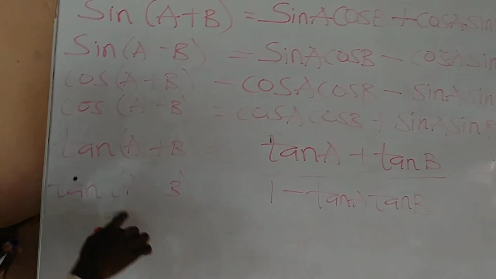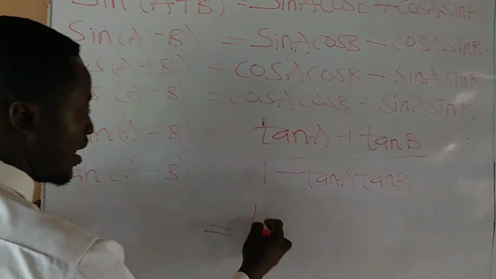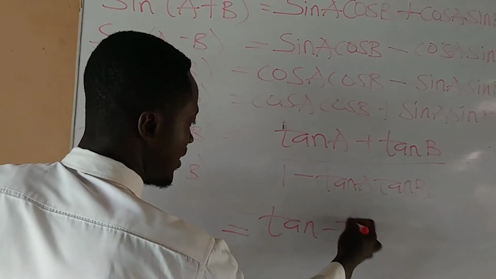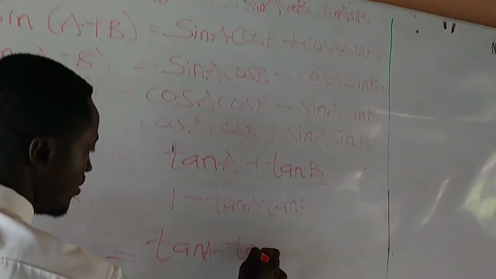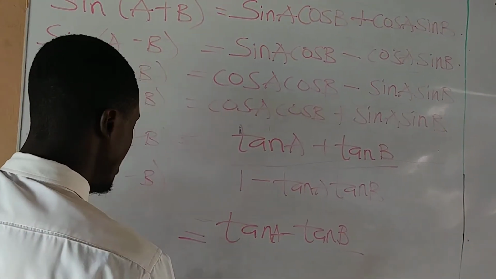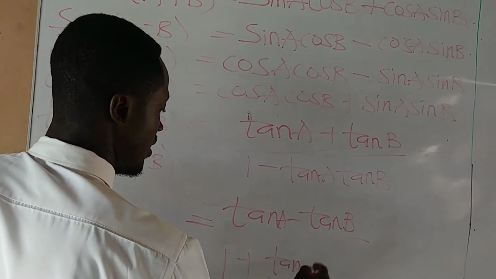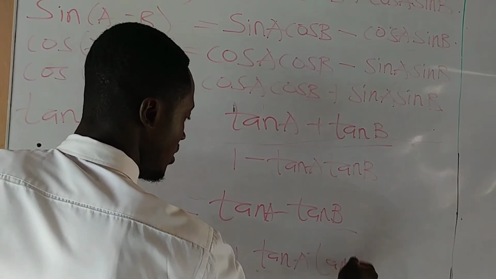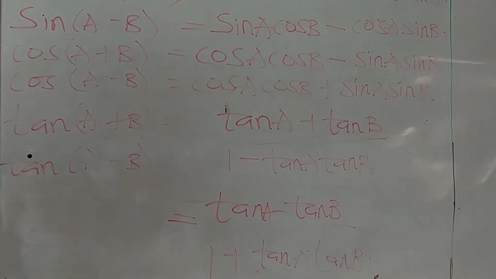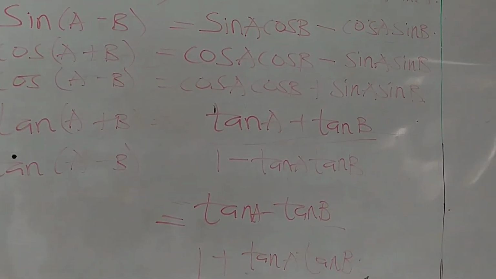Then tan A minus B is tan A minus tan B on 1 plus tan A tan B. That is the expansion for compound angles.